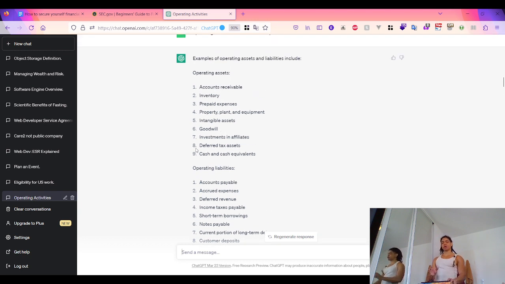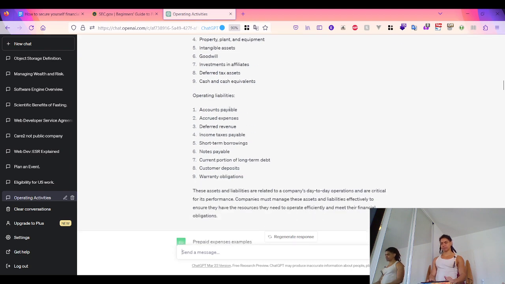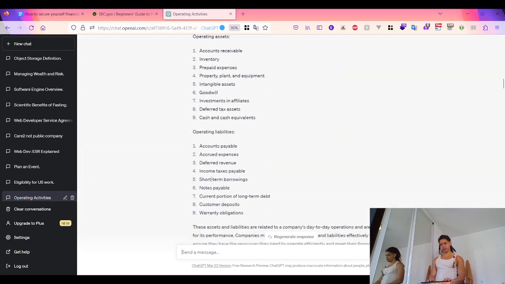So after I see the most common examples of operating assets, like accounts receivable, inventory, property, plant, and equipment, prepaid expense, intangible assets, investment in affiliate, deferred tax assets, cash and cash equivalent, okay? Then I look at the operating liabilities. So accounts payable, okay? Accrued expense, here we are.